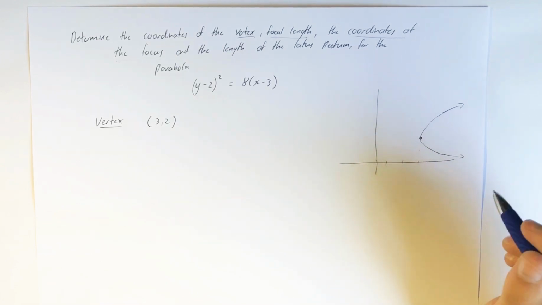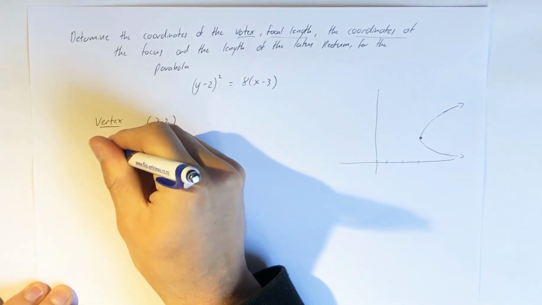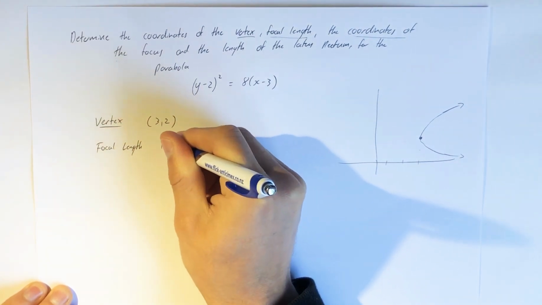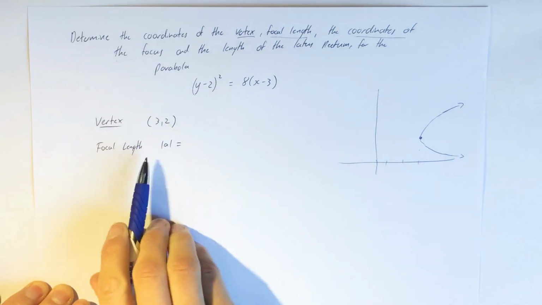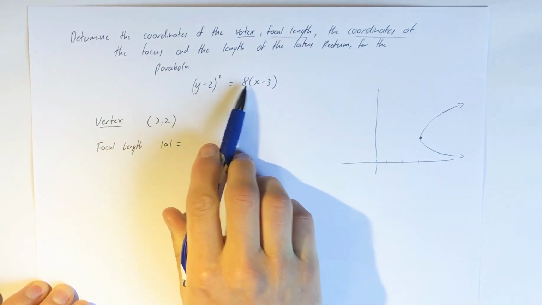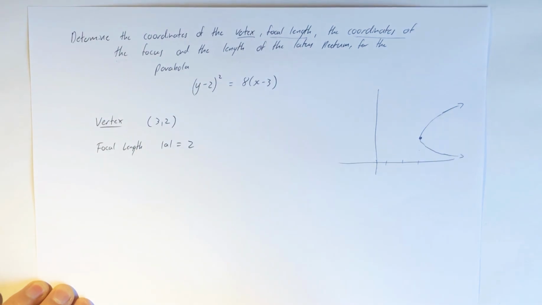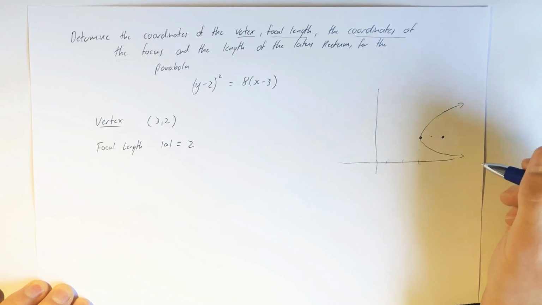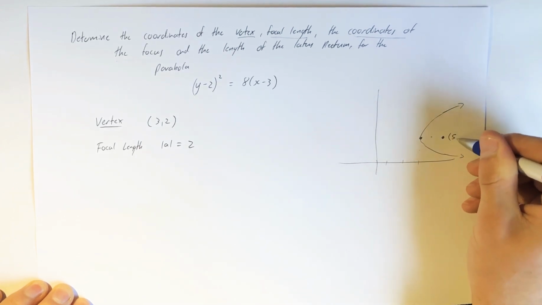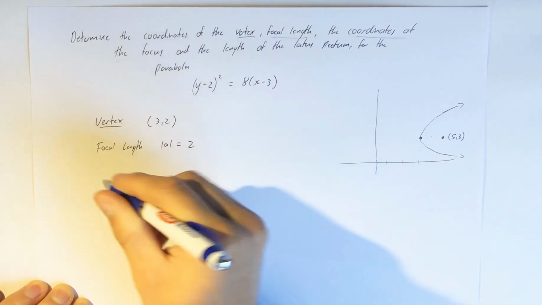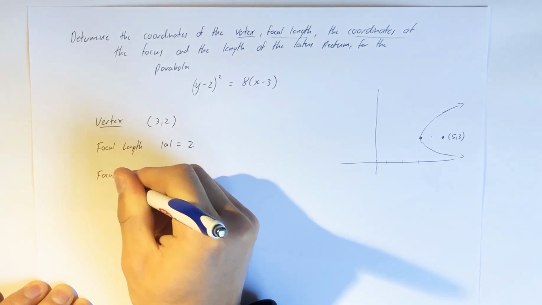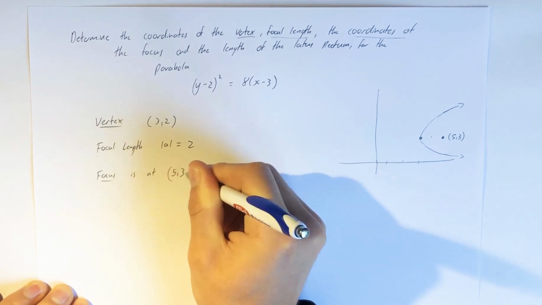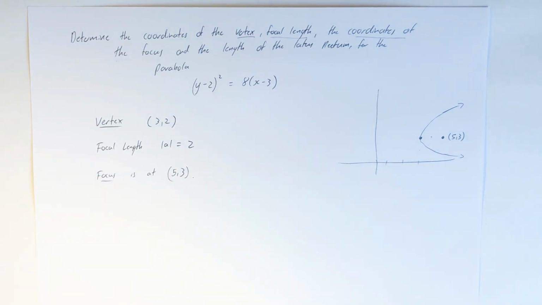The focal length is given by a, and remember that in front of the x is always 4a, so that's 2, which means that the focus is 2 away from that point. So the focus must be at 5, 3. Okay?